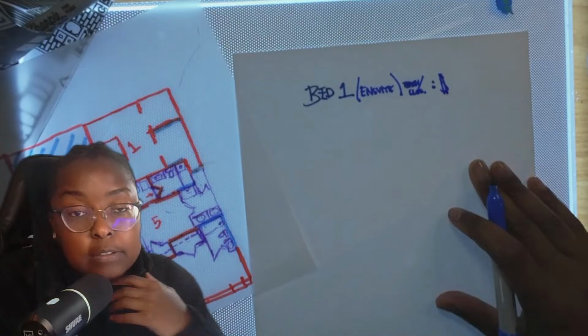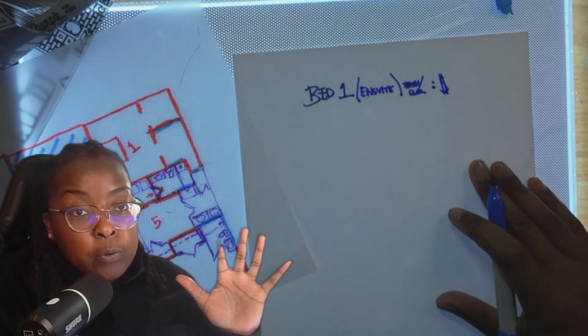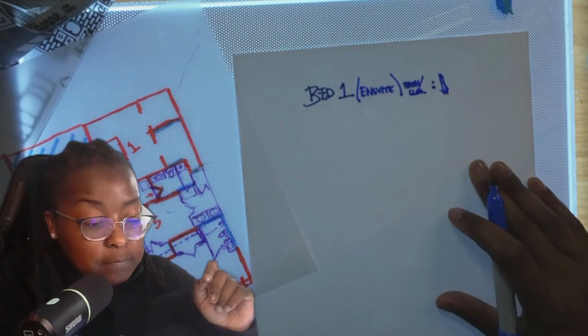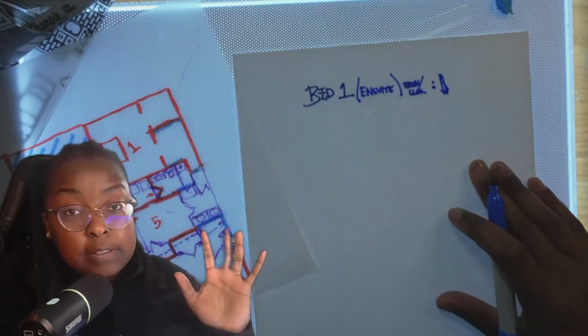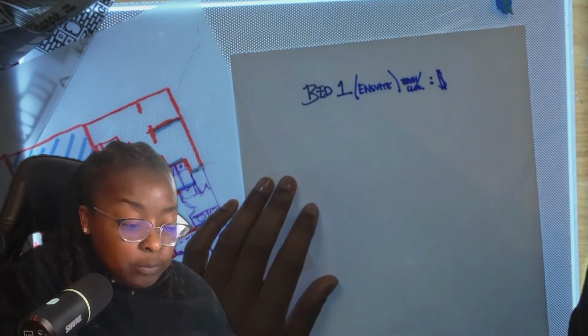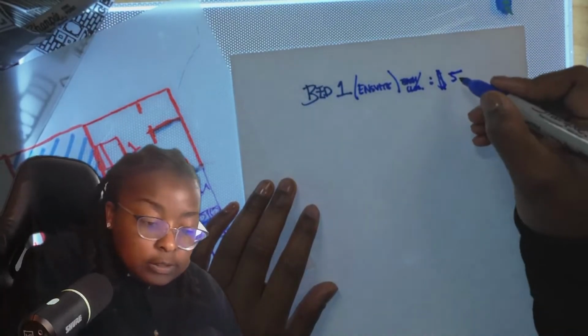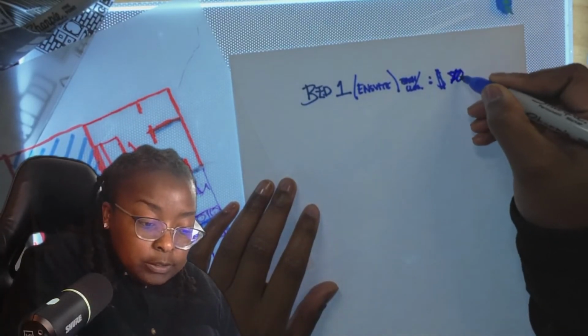This is not what is anywhere in the world. I'm just totally going for simple math. So let's just say bedroom number one en suite rents for $500. Actually, let's make that $1,000, right?